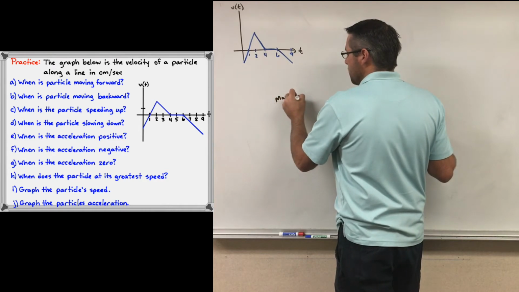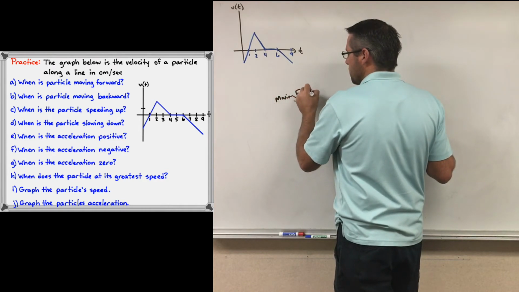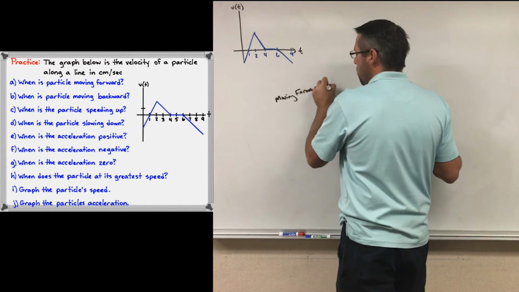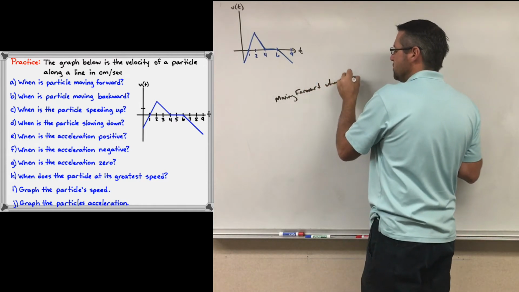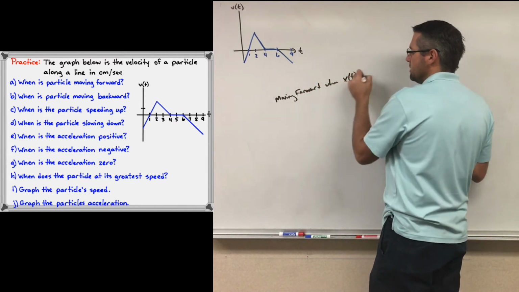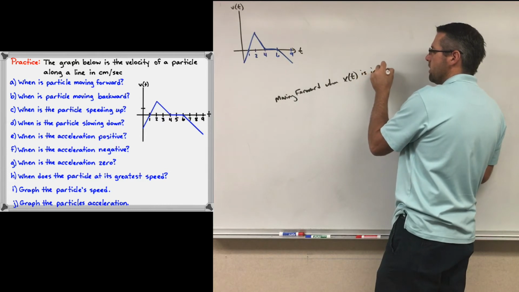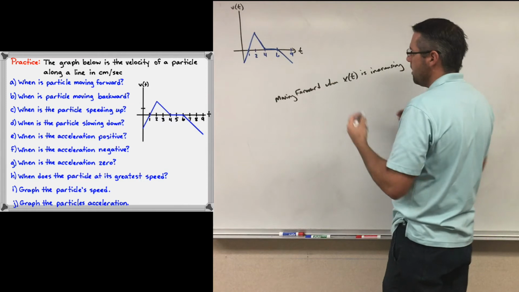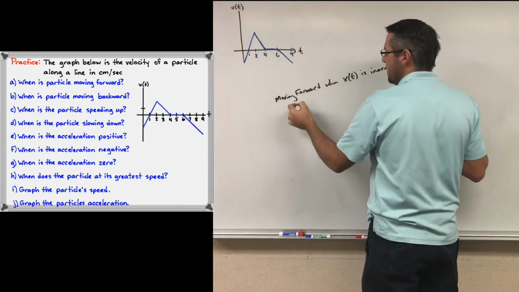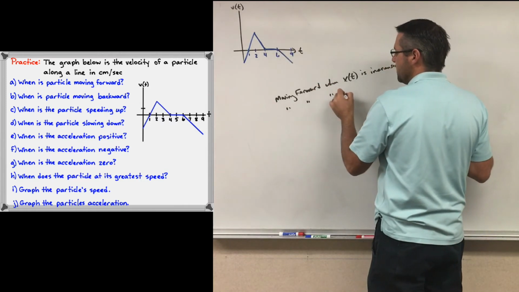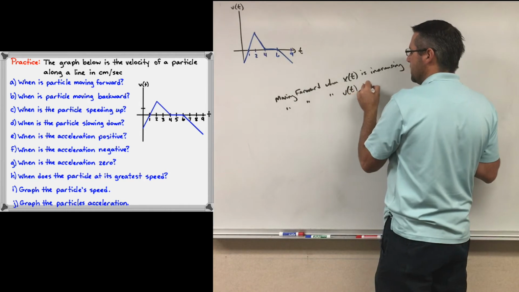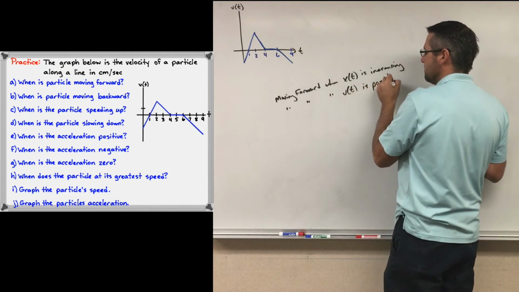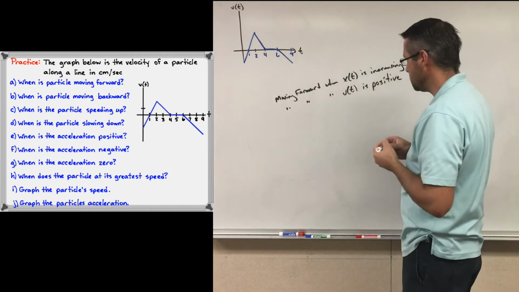Moving forward when position, x of t, is increasing, right? Moving forward when position is increasing. But what does that mean for velocity? It means moving forward when velocity is positive, okay? So that's the relationship there.